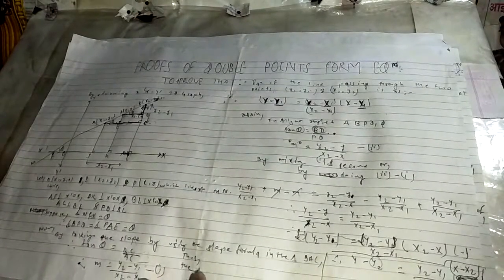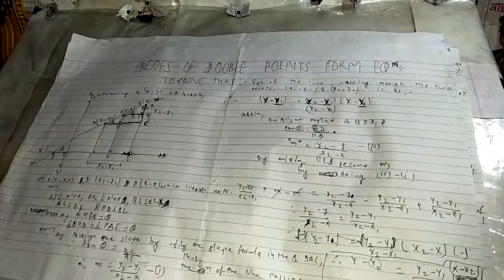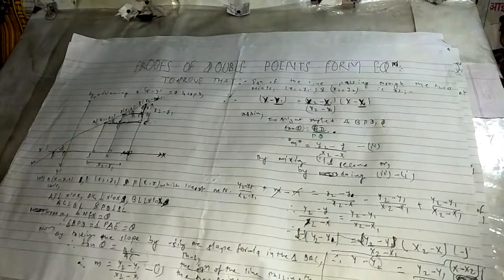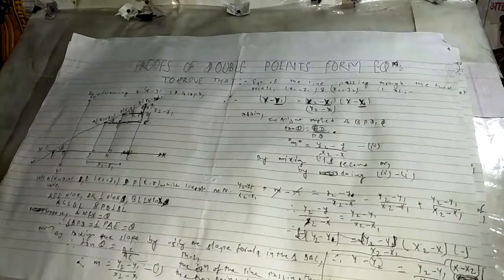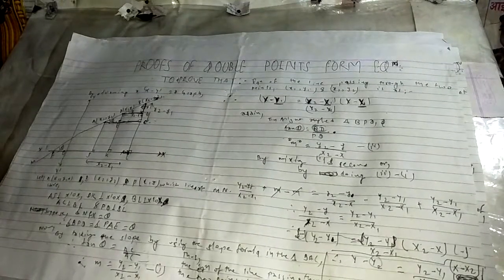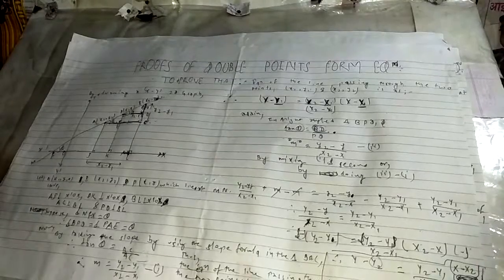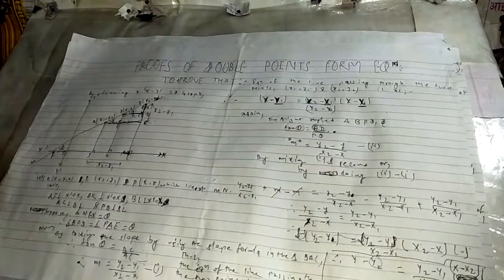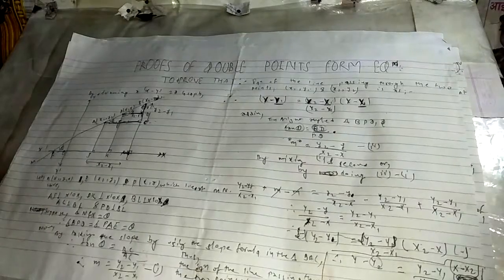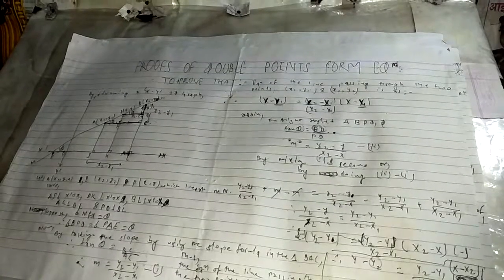Thus, the equation of the line passing through the two points x1, y1 and x2, y2 is y minus y1 equals y2 minus y1 by x2 minus x1 into x minus x1, or y minus y2 equals y2 minus y1 by x2 minus x1 into x minus x2.